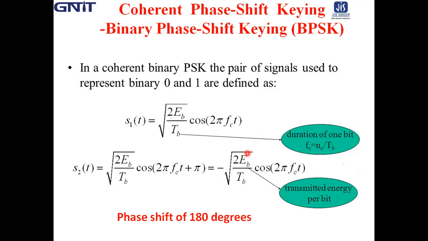To ensure that each transmitted bit contains an integral number of cycles of the carrier wave, the carrier frequency Fc is chosen equal to Nc by TB for some fixed integer Nc.